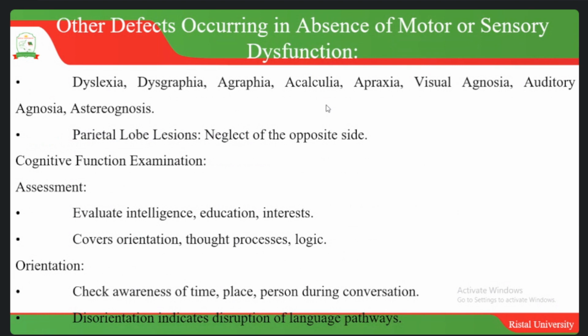Other defects occurring in absence of motor or sensory dysfunction can be dyslexia, dysgraphia, agraphia, acalculia, and also other things that you can see in relation to defects of motor or sensory dysfunction.